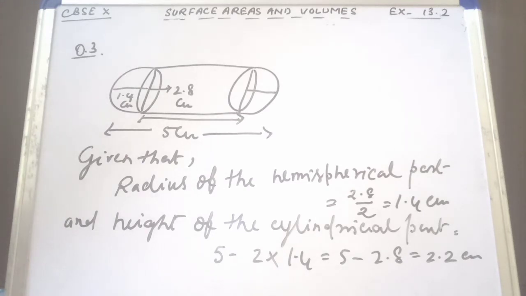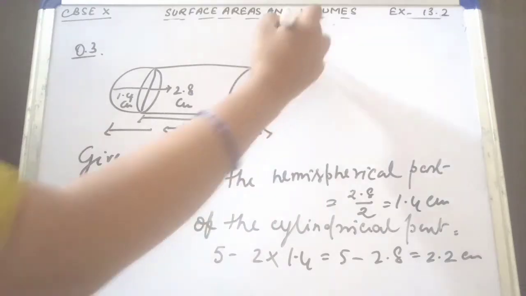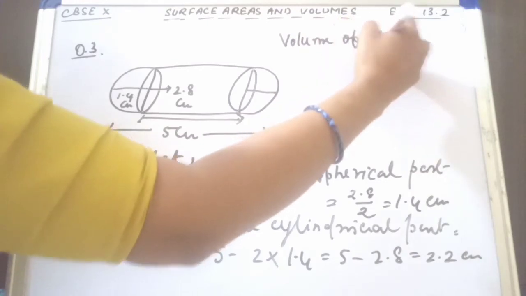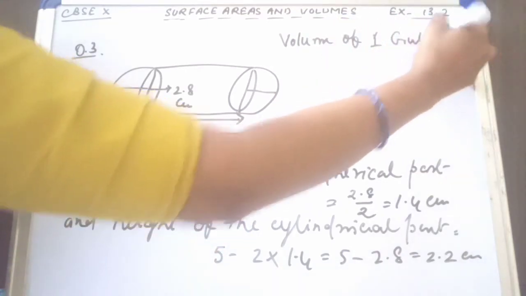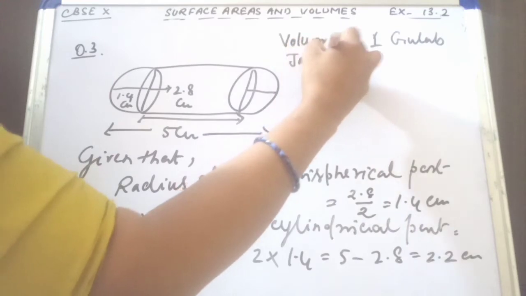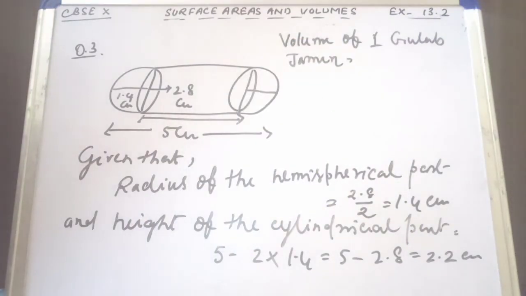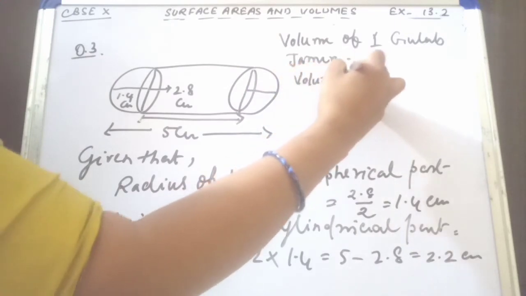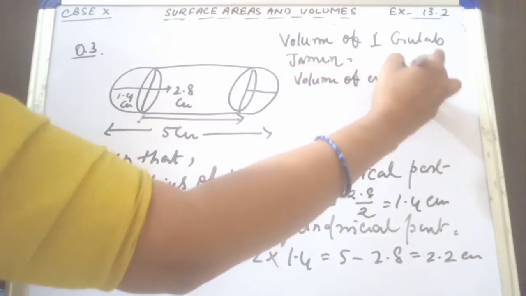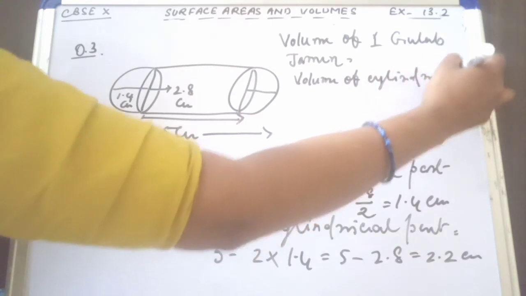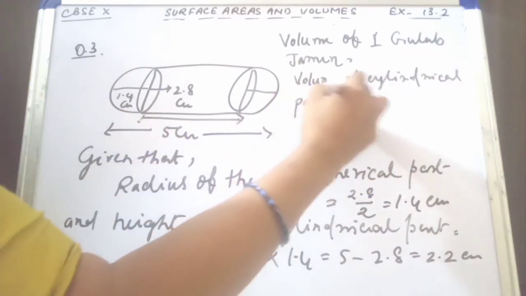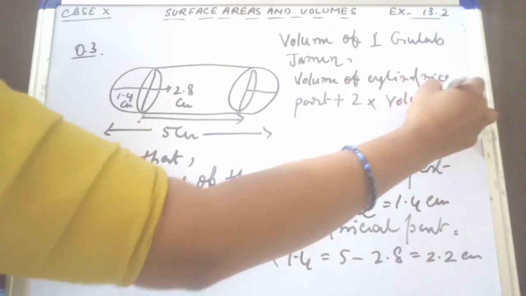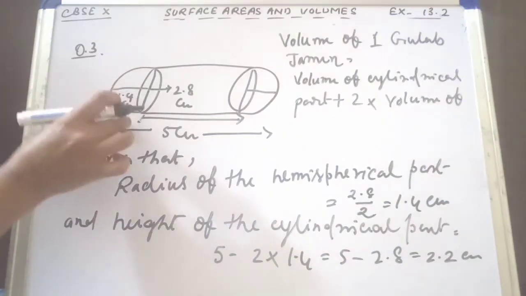Now volume of one gulab jamun is equal to volume of cylindrical part plus 2 into volume of hemispherical part.